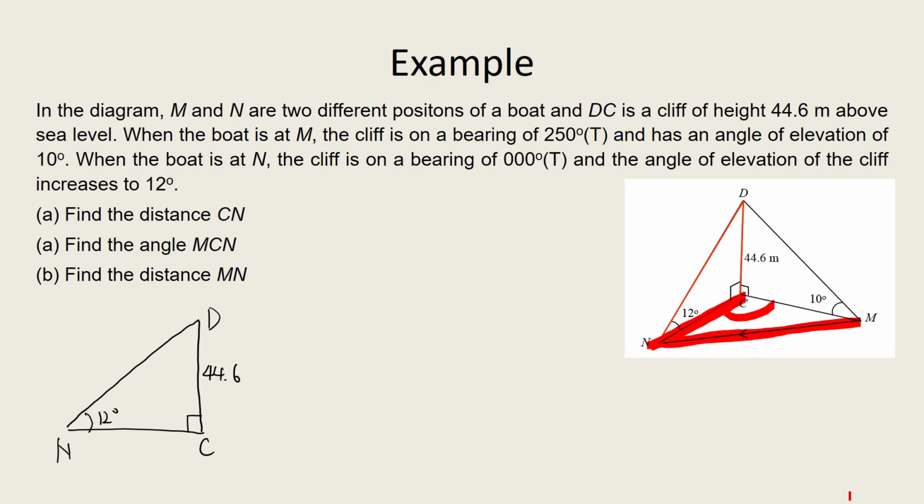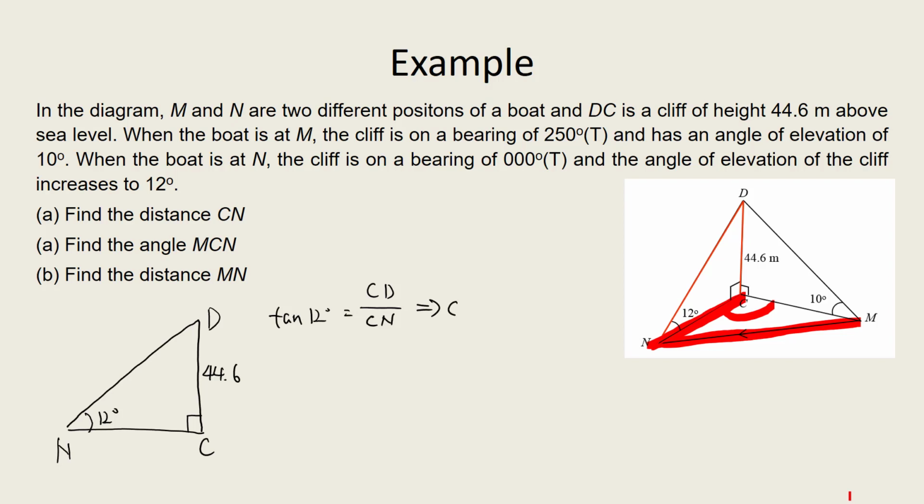Not necessary, because this is a right angle triangle. We want to find the distance CN, which is the adjacent side of this angle 12 degrees, and we know the opposite side. So clearly, we'll be using tangent 12 degrees, which is CD over CN.